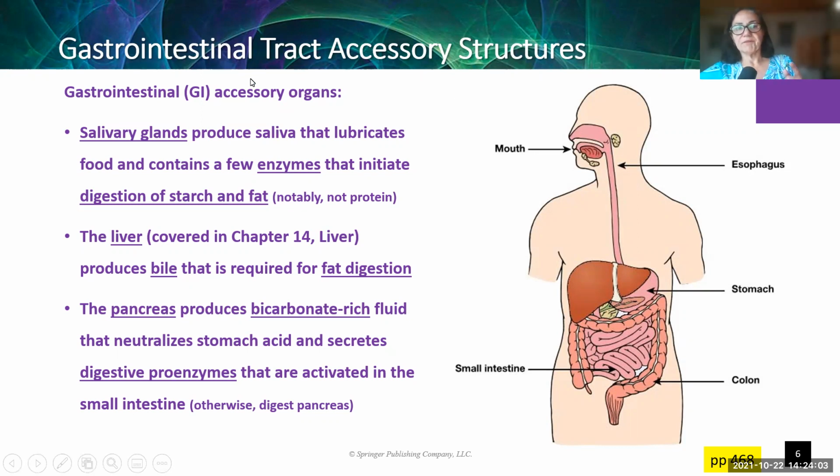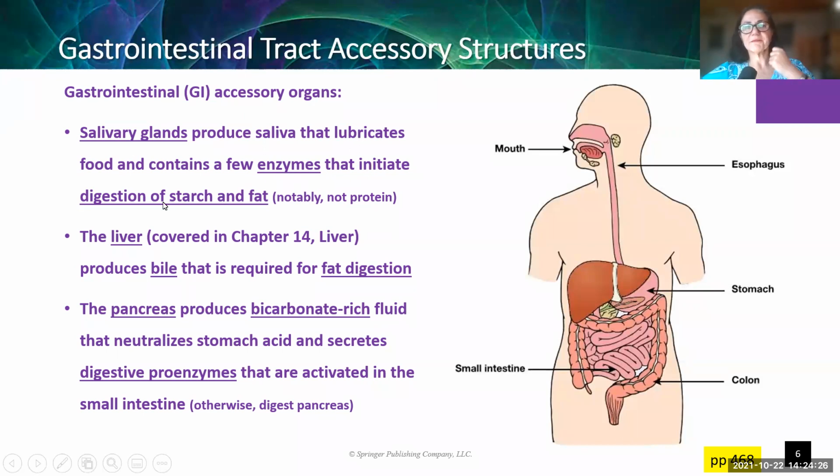So the gastrointestinal tract is the hollow part. And then we've got these accessory structures. They're more solid and they kind of leak fluids into that hollow tube. And those include the salivary glands. There are some enzymes actually. So digestion actually starts in the mouth.